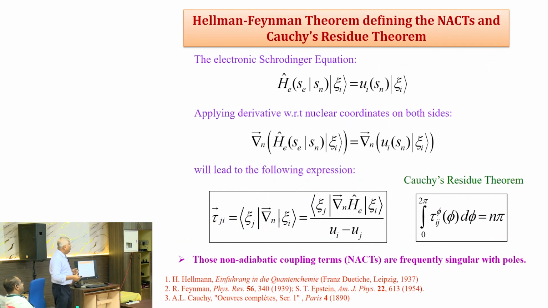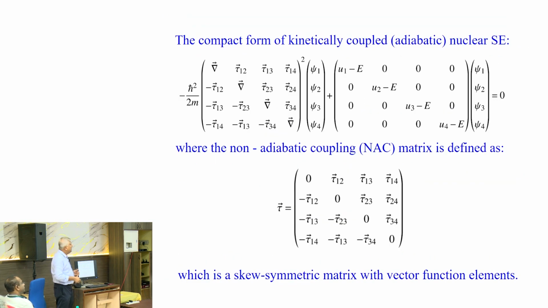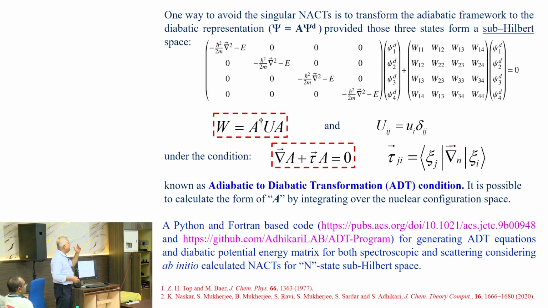Now you make use of that and transform the nuclear Schrodinger equation, something called the adiabatic-diabatic transformation, and you can transform under a condition called the adiabatic-diabatic transformation condition. The entire thing is published as a package on GitHub.